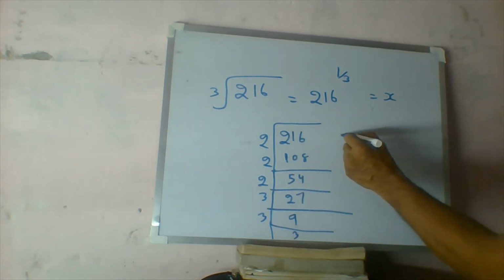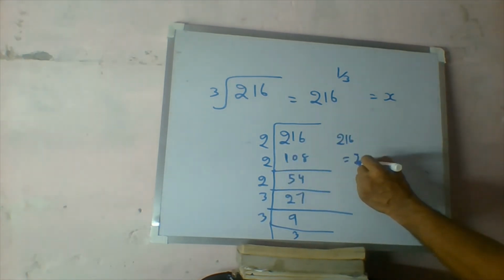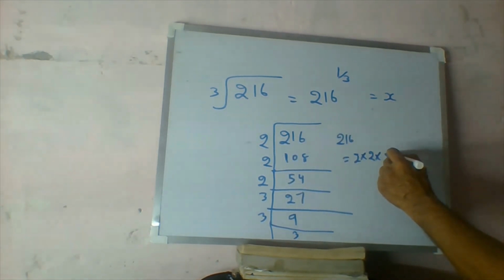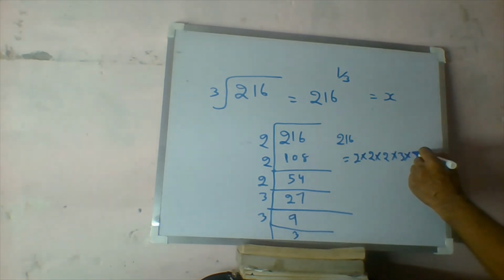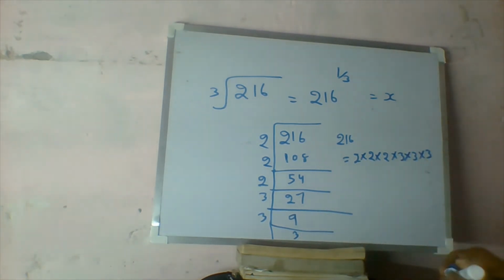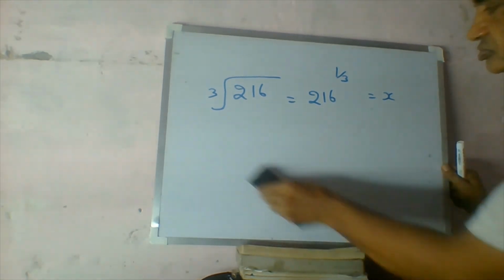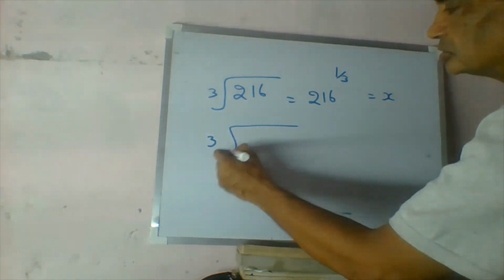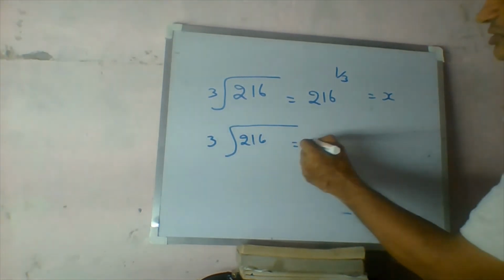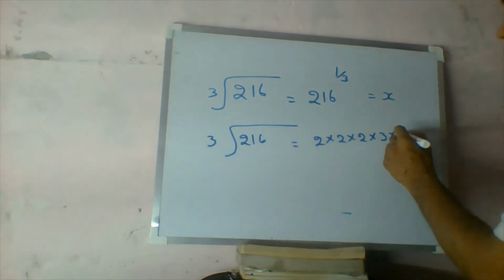So 216 is equal to 2 into 2 into 2 into 3 into 3 into 3. So I can write it as 216 equal to 2 into 2 into 2 into 3 into 3 into 3.